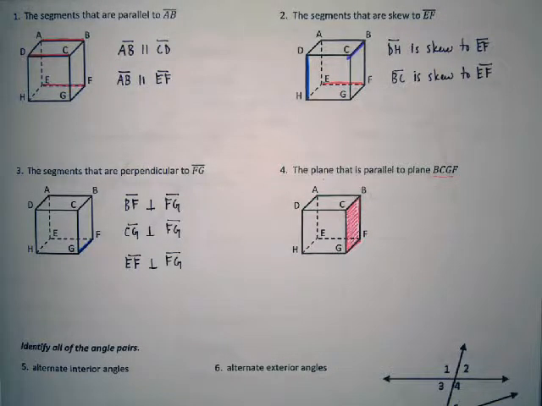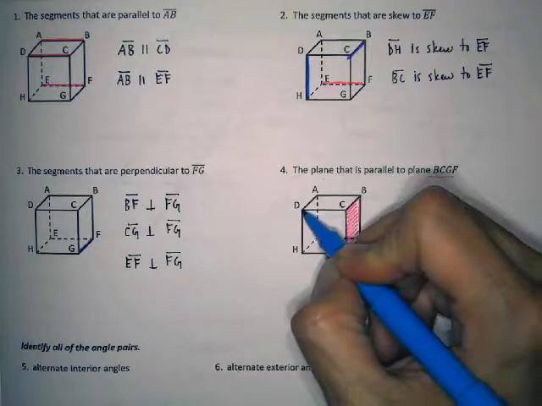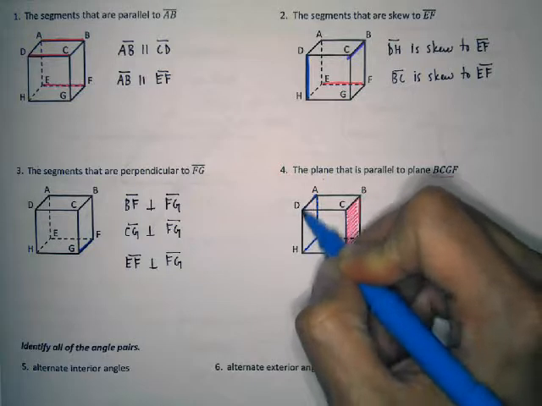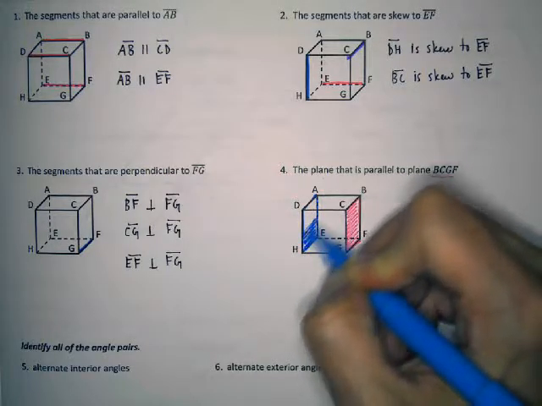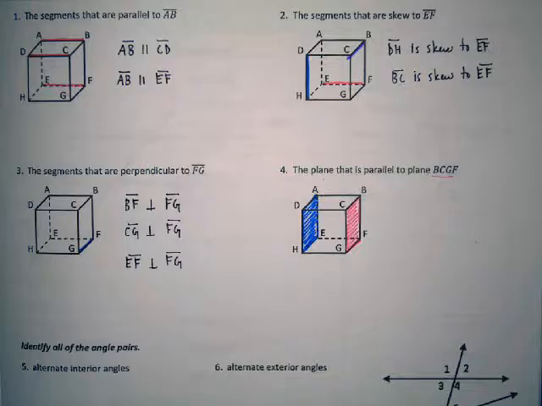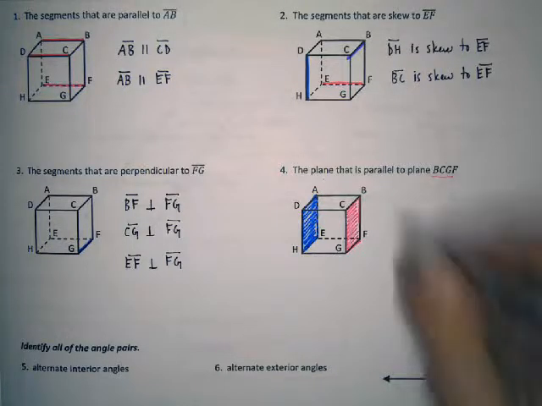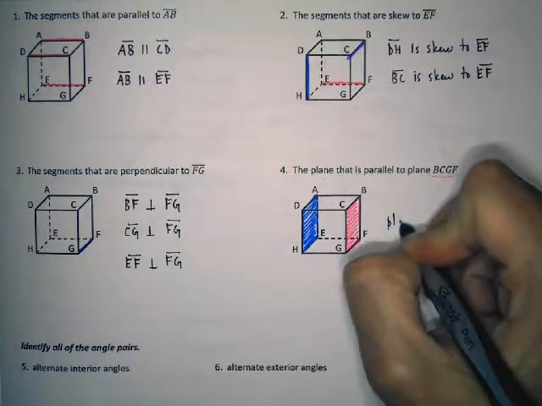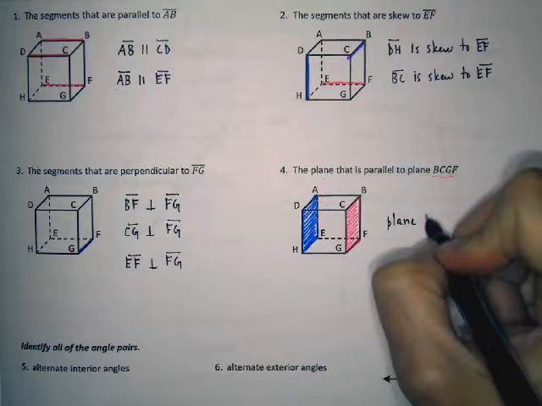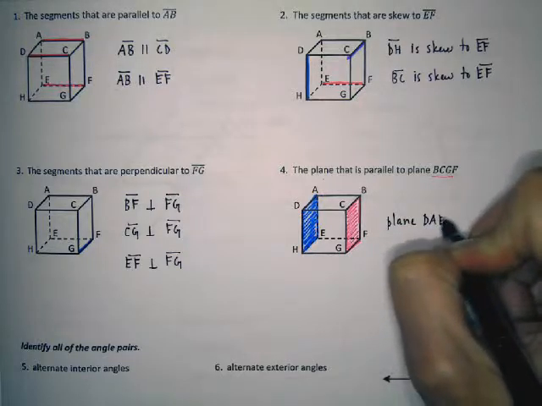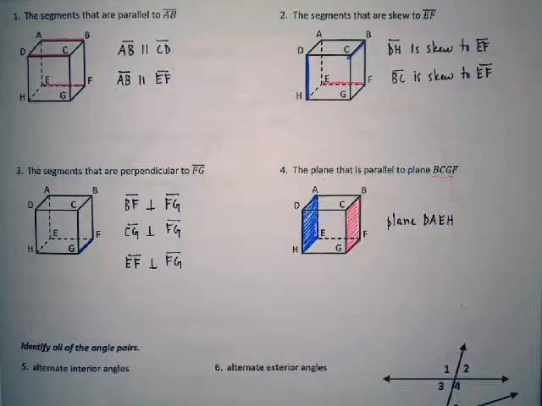So in my diagram, there's only one plane that will never intersect, and that would be my other wall of my box here. Again, to name a plane, we just need to use at least 3 letters. We could use 4. So I'm going to call this plane DAEH. And again, as long as you use at least 3 of those letters, that would be an appropriate name for that plane.